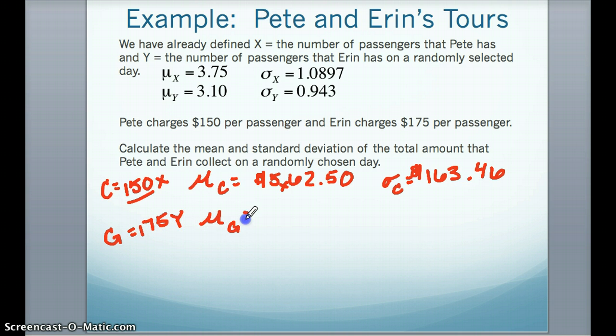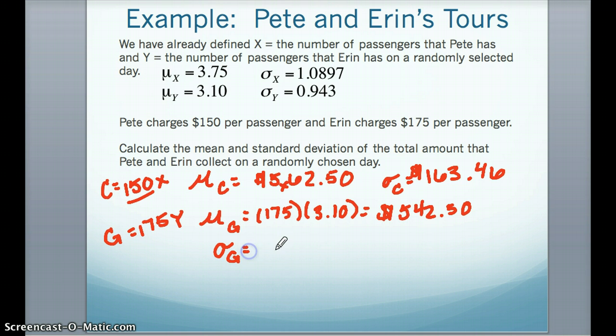So for her, it would be 175 times the 310, which is 542.50. And her standard deviation, for G, is going to be 175 times the 0.943 to give me 165.03.